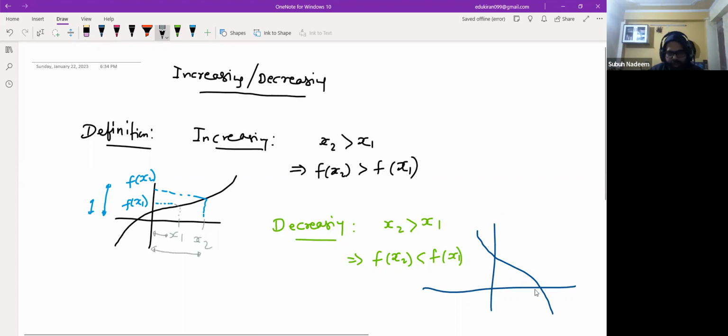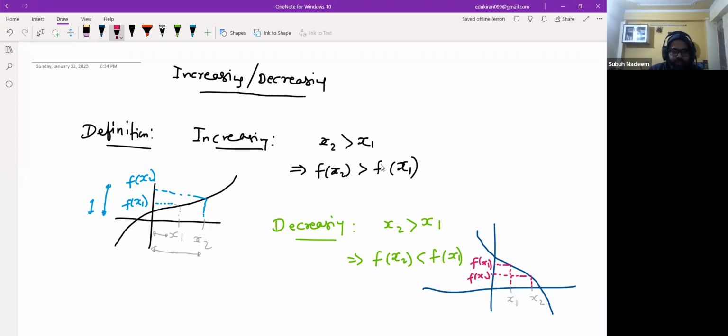Because if you take x2 here, which is greater than x1, and if you mark the output, at x2 the output will be f of x2 here, and at x1 the output is f of x1 here. So f of x2 is actually below f of x1. So it is less than f of x1.